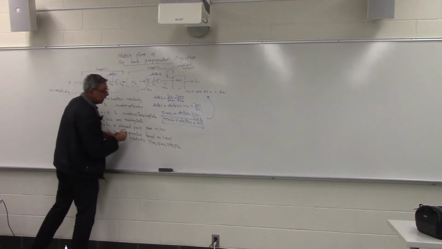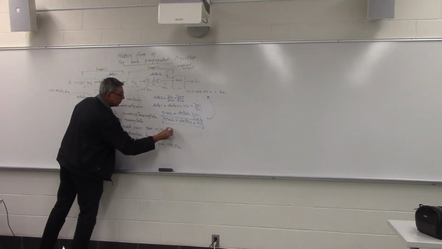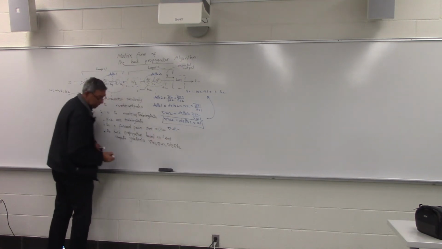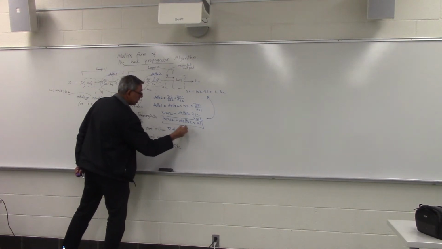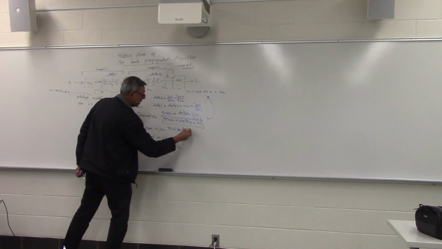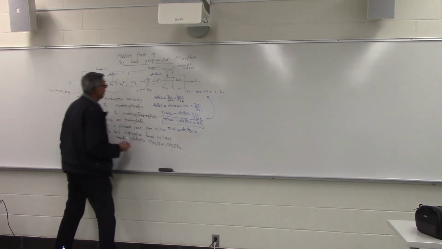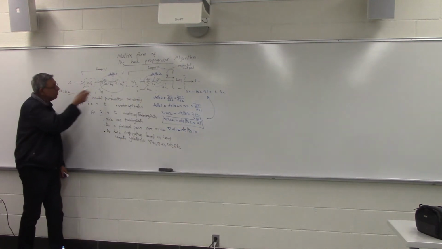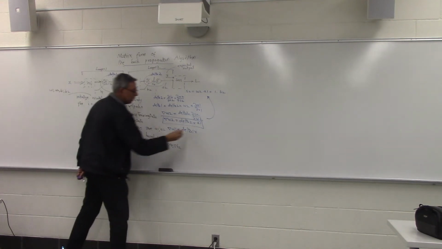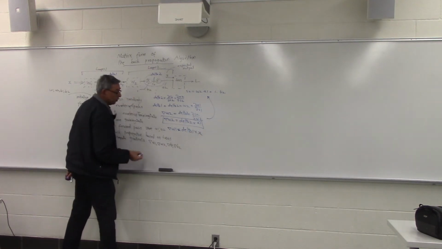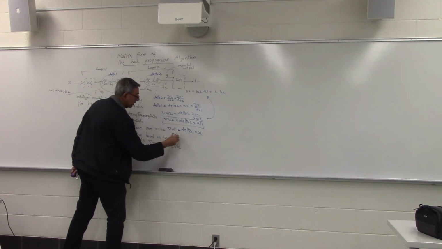Very similarly, can you right away tell me what the gradient with respect to W1 will be? Delta 1 times whatever the previous input is. What is that? X. So that will be delta 1 times X. Very similarly, what will be the gradient with respect to B2?